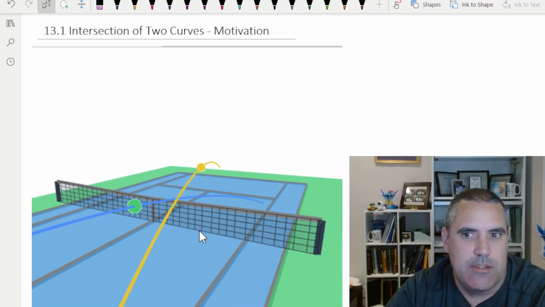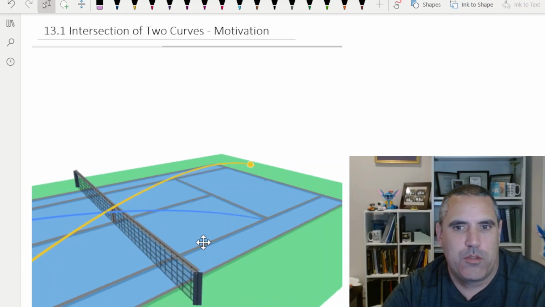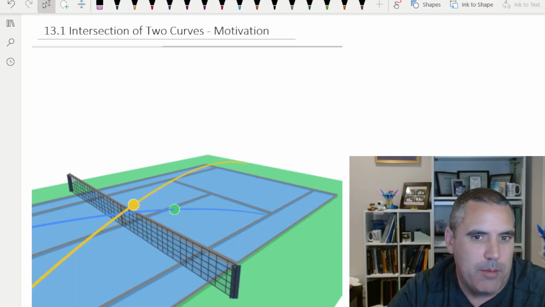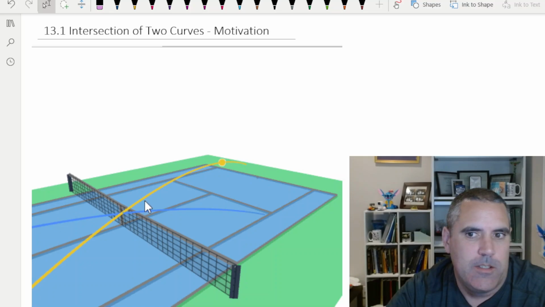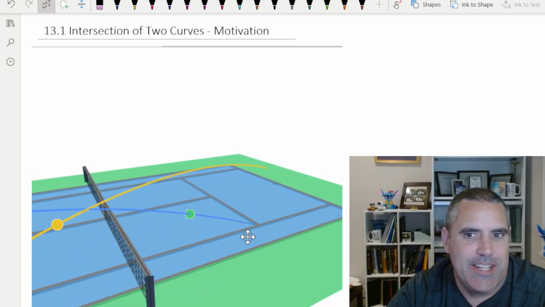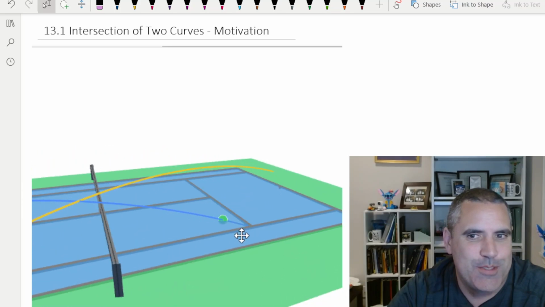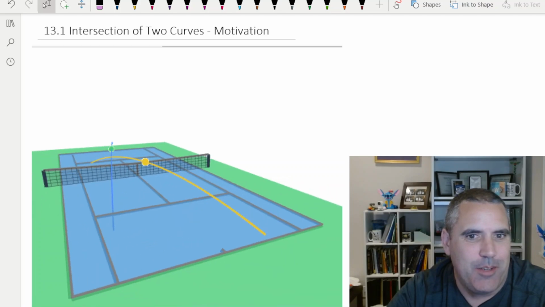The trick is the first person, this yellow person serving from the yellow side, is going to have to serve a little later. They're going to need to use a different parameter. I don't have that set up here. I'd have to tell that person, you have to wait a moment before you serve if you want to match up. Or you'd have to tell the person doing the green.